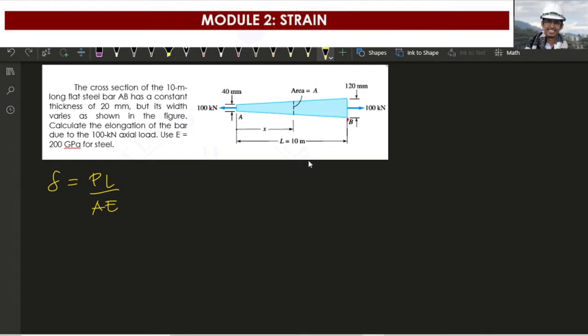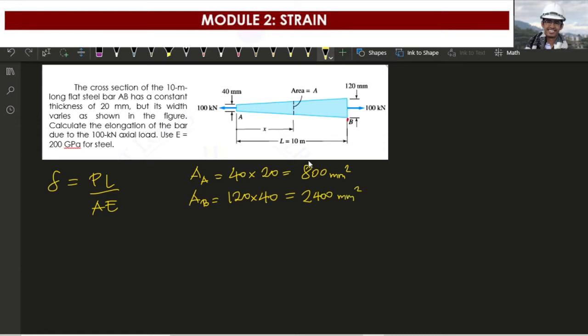So, first, meron tayong area at point A, no? So, area at point A, that is equal to 40 times 20. So, that is equal to 800 mm squared. And for area at point B, that is equal to 120 times 40 is equal to 2,400 mm squared.